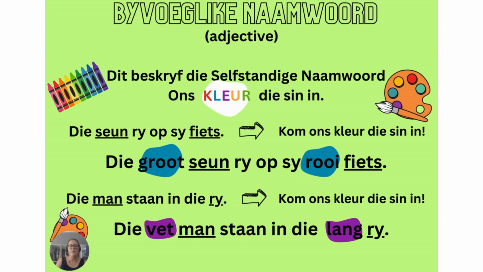You see, so we put a bit more extra meat onto the sentence. We explain a bit more. Die man staan in die ry. Let's color it in. Kom ons kleur die sin in. Die vet man staan in die lang ry. So it just describes more to your sentence. It adds more in.